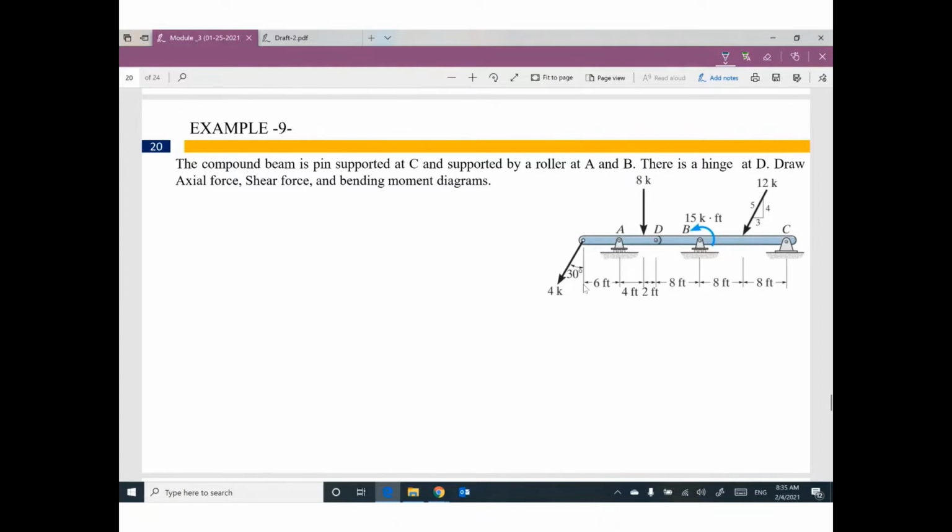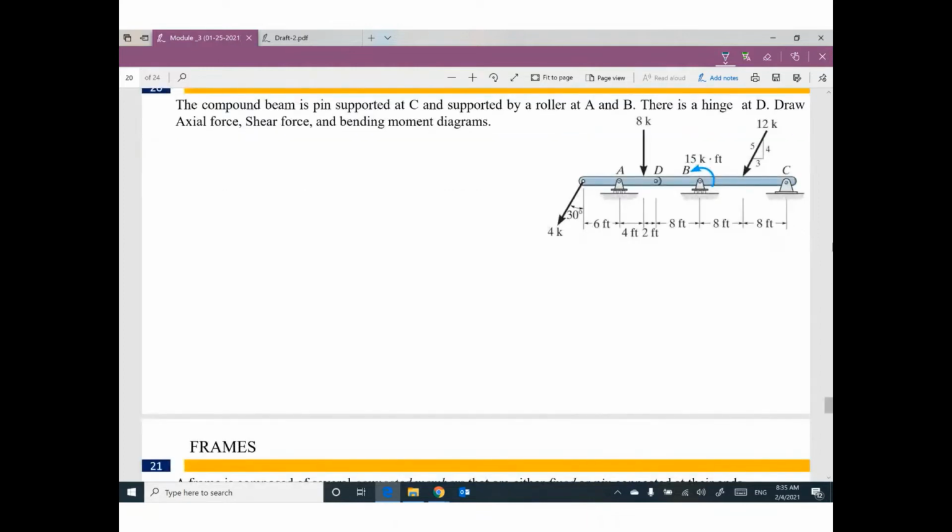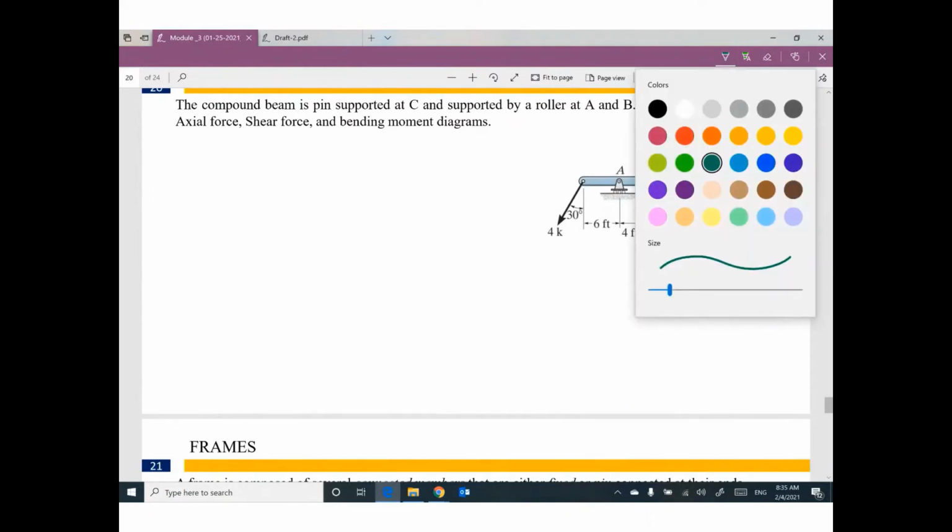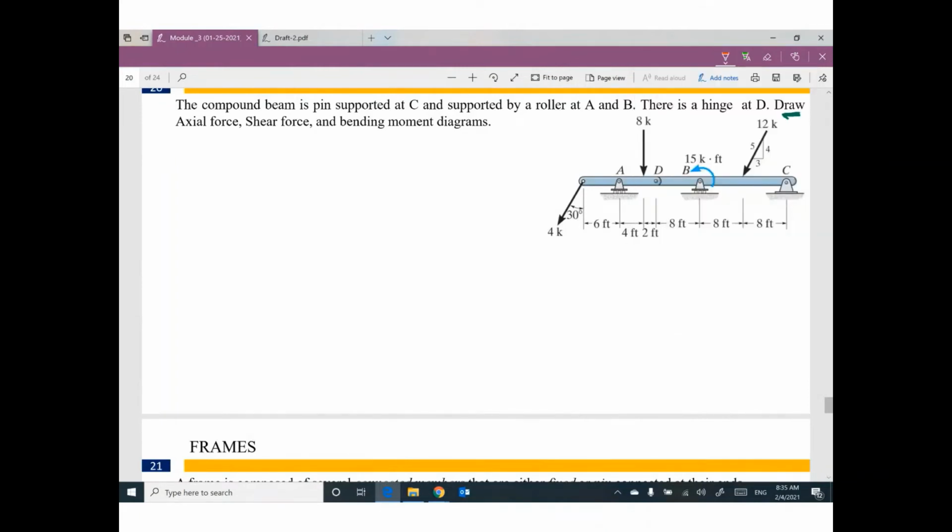We have a beam and we need to draw the axial force. Guys, what is your suggestion? To calculate reactions first. I gave you some rules to calculate reactions if you have a pin connection.